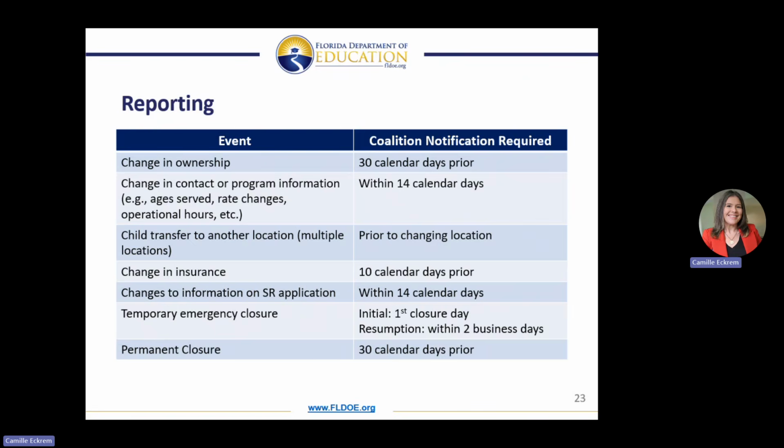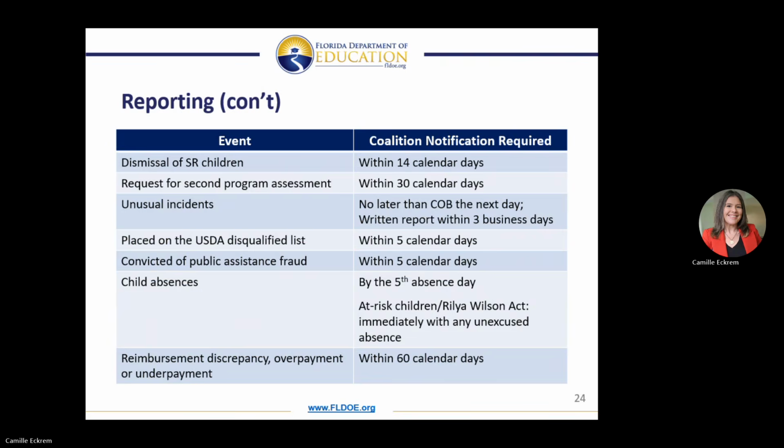Temporary emergency closure. The coalition must receive initial notification on the first closure day and must receive notification of resumption within 2 business days. Permanent closure. The coalition must be notified 30 calendar days prior. Dismissal of SR children.